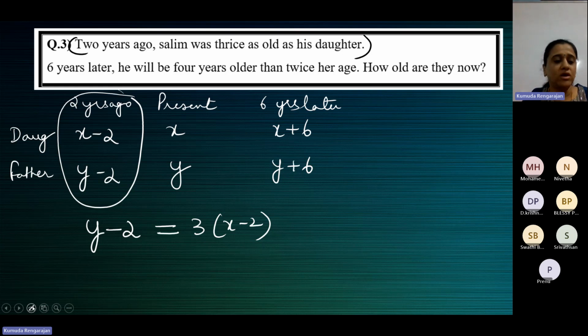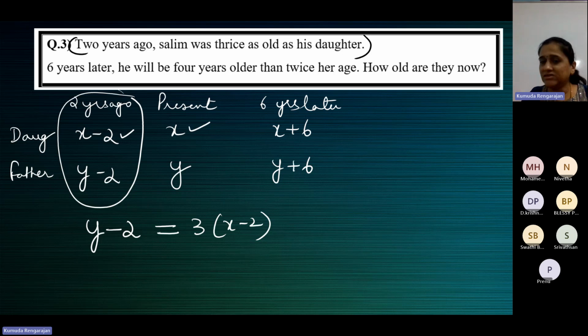Now, there is no doubt whether you should take the daughter's present age or this age. It's about 2 years ago. We are not talking about the percentages. If it was the percentage, it would be given as twice as old as his daughter's percentage. When the sentence starts with 2 years ago, you have to consider the ages of all the characters 2 years ago only.